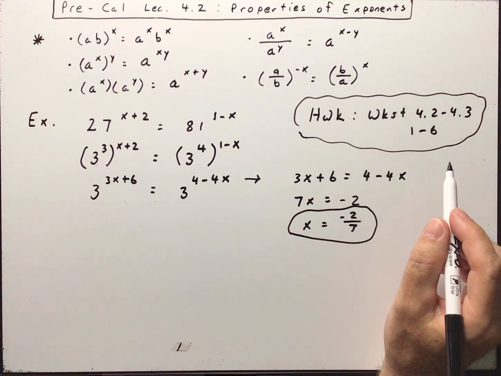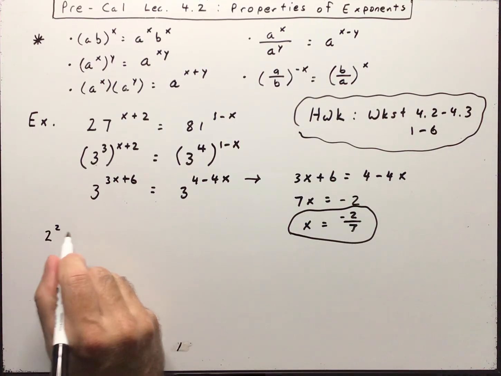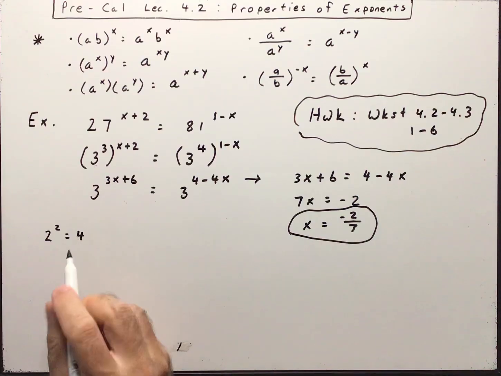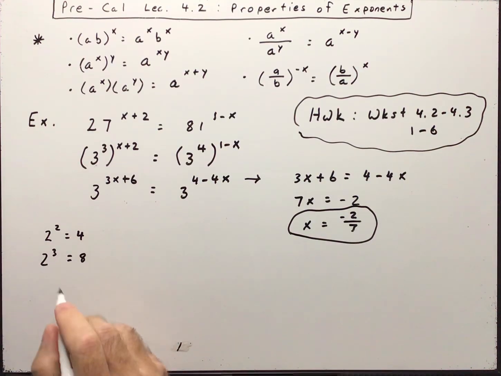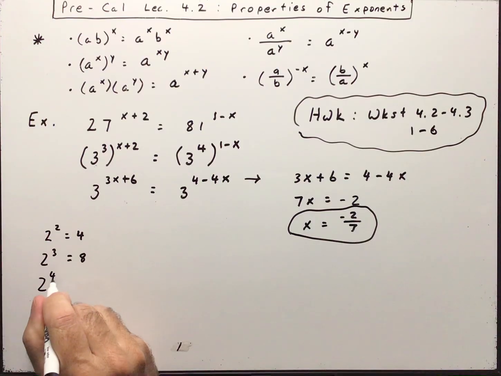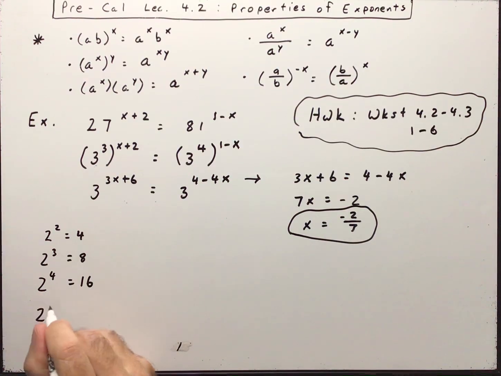Just a few things to remember that might help you. 2 squared is 4. 2 cubed is 8. 2 to the 4th is 16. 2 to the 5th is 32.